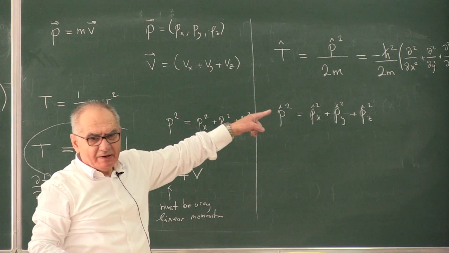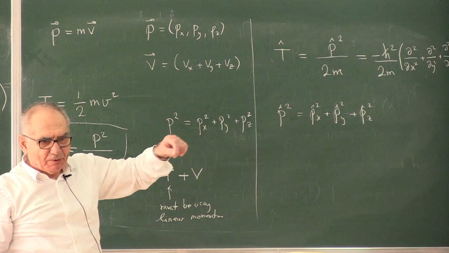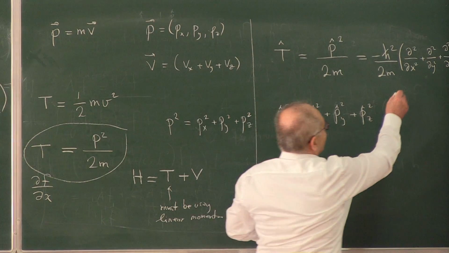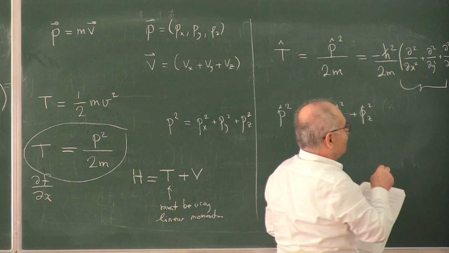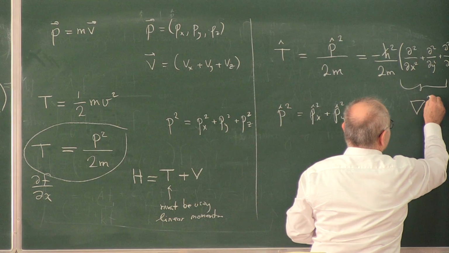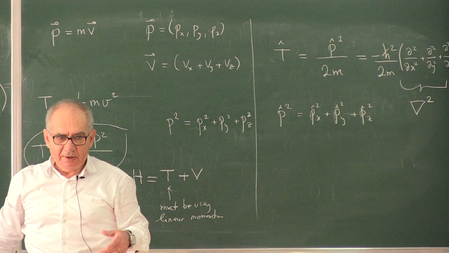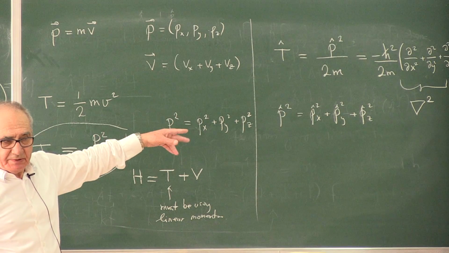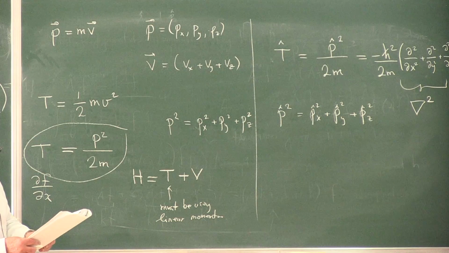The expression inside the parentheses is called the Laplacian. And there is another symbol that we learned in the CHEM 257 course. This symbol is used, del square, to mean sum of second derivatives. So this is our kinetic energy operator.